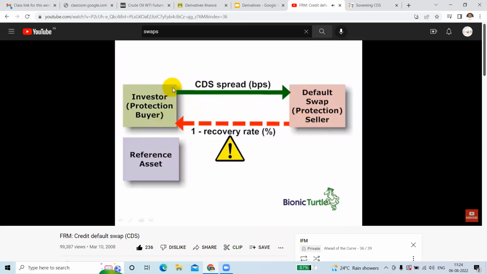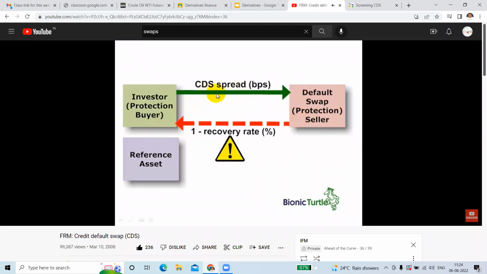So part of that agreement, it's really like an insurance agreement. The investor is paying, typically on a quarterly basis, premiums to the default swap seller. That premium is called the CDS spread. It's typically basis points multiplied by the nominal.